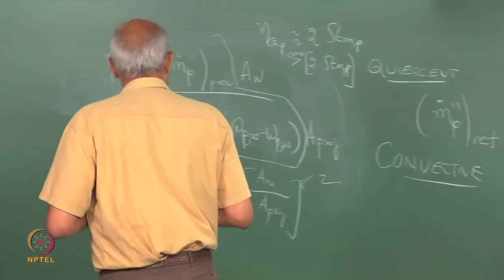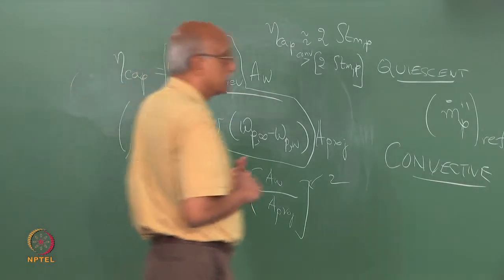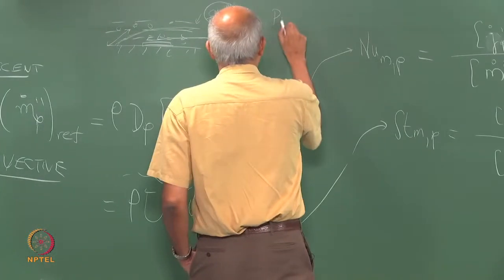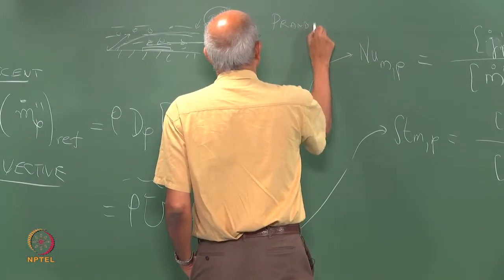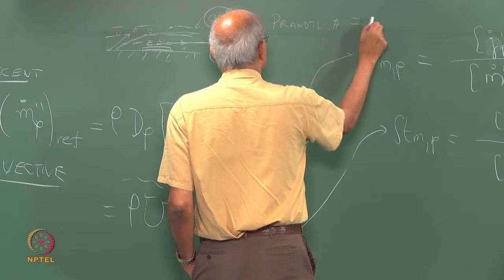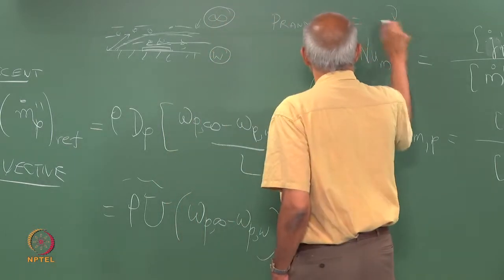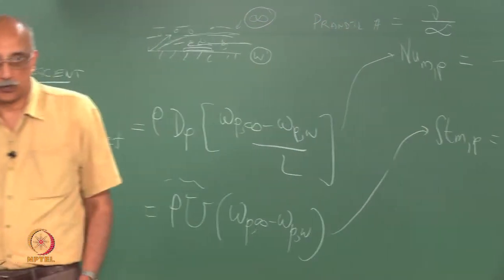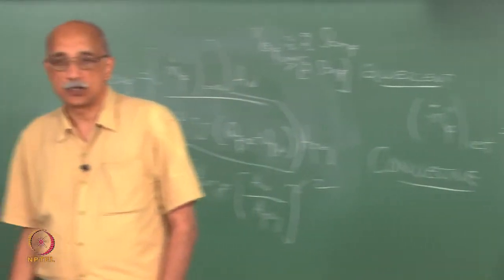So, basically the way you would do that is just like you have Schmidt number for mass transfer, you have something called Prandtl number, which is nu by alpha, where alpha is the thermal diffusivity, which is K by rho Cp.